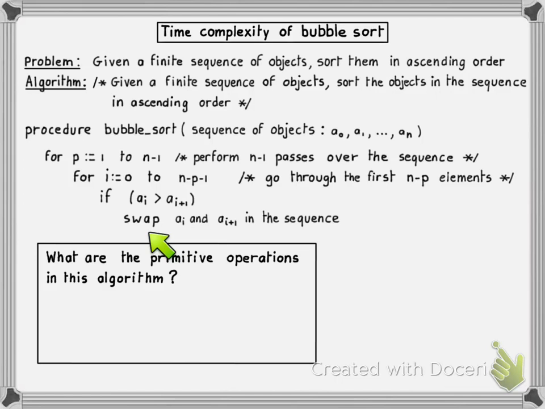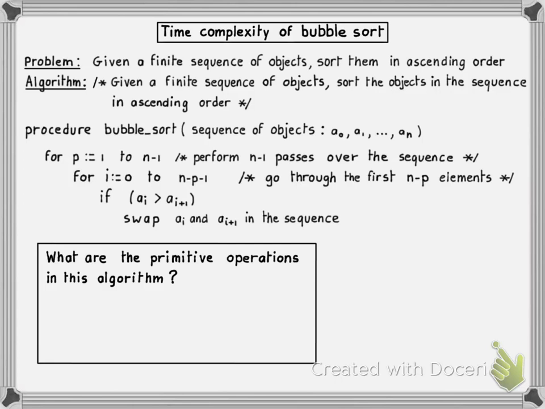Remember that a swap can be implemented easily with a temporary variable using 3 assignment statements. So this is usually a constant number of assignment statements. We have a comparison here, and of course the overhead for the 2 loops is 1 comparison and 1 assignment statements for each loop iteration.